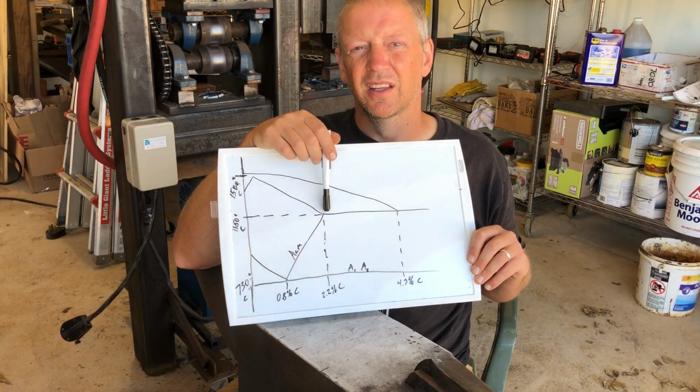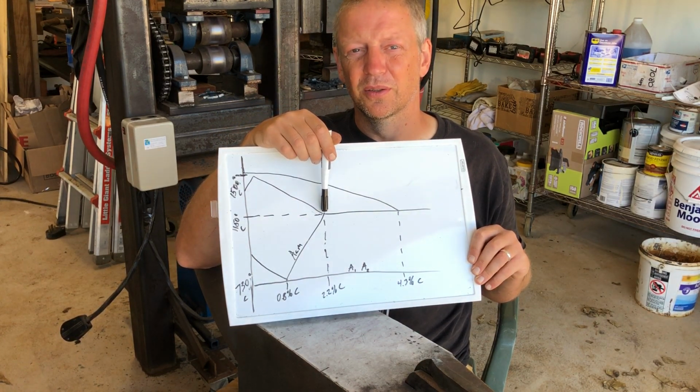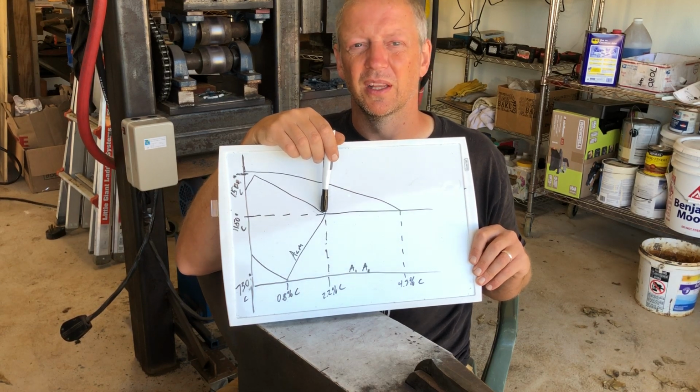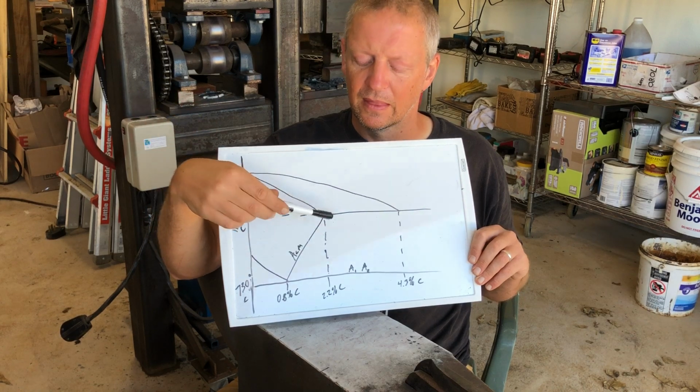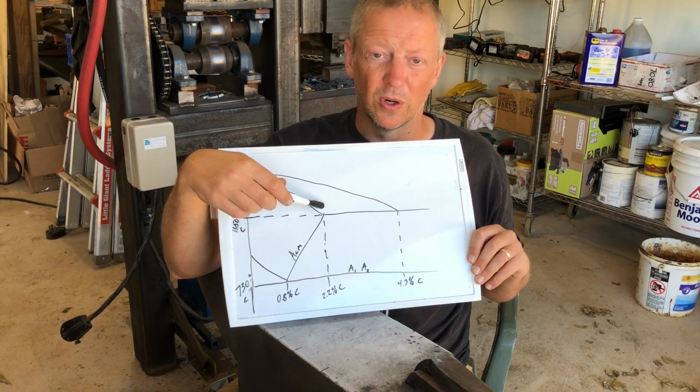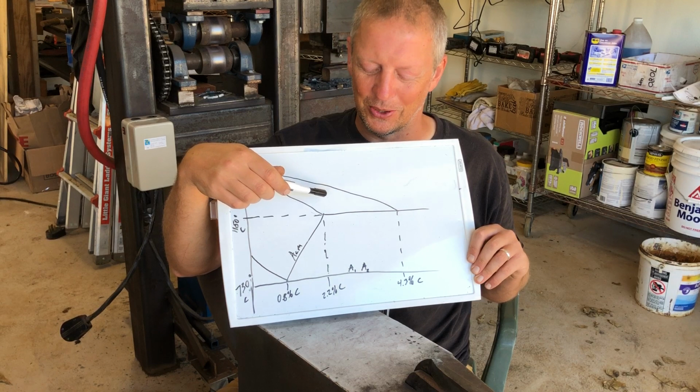Intriguingly, the highest concentration of carbon that you can have held in the steel is 2.2%, or else you get liquid.